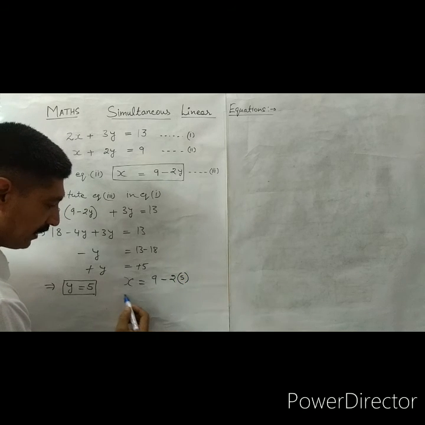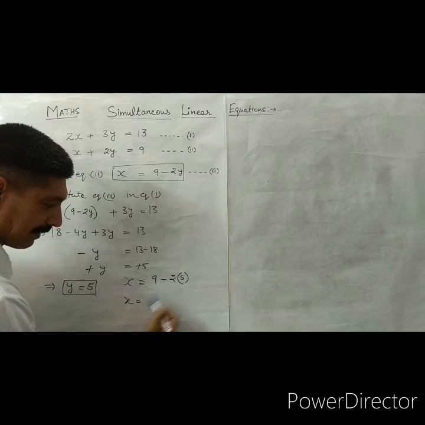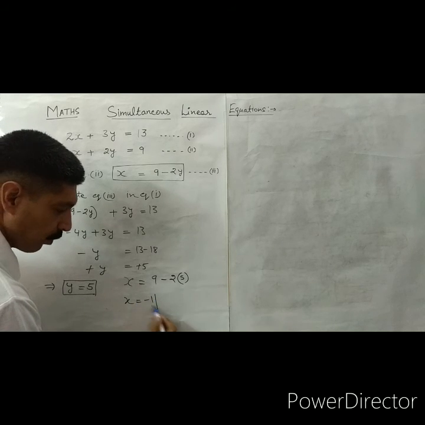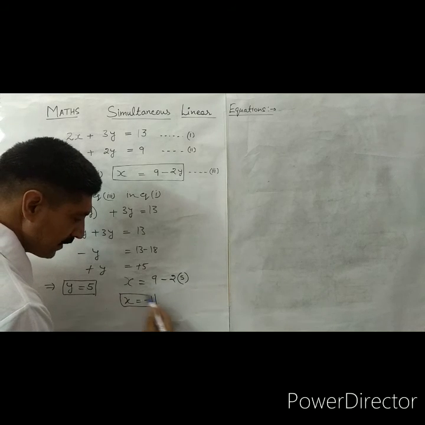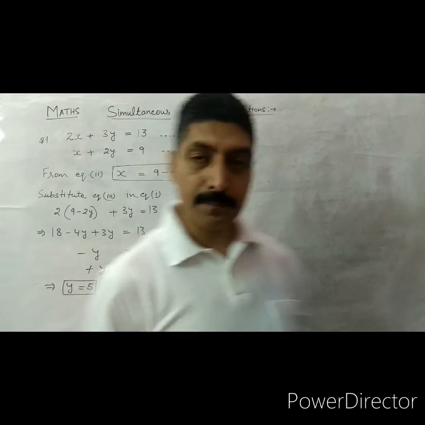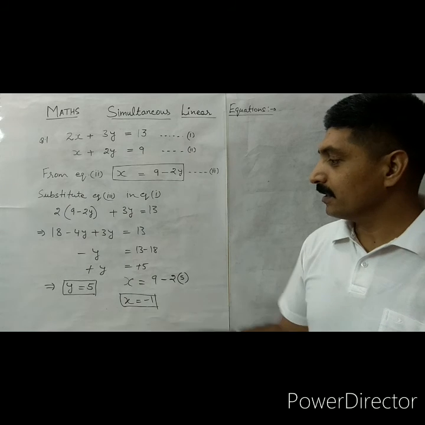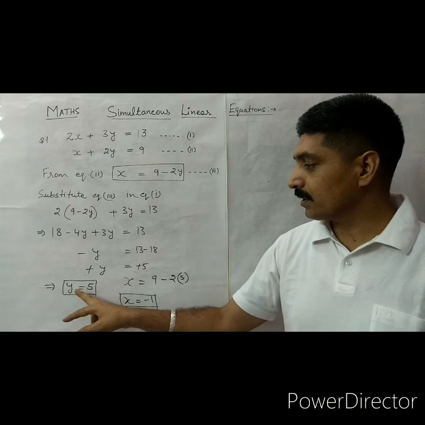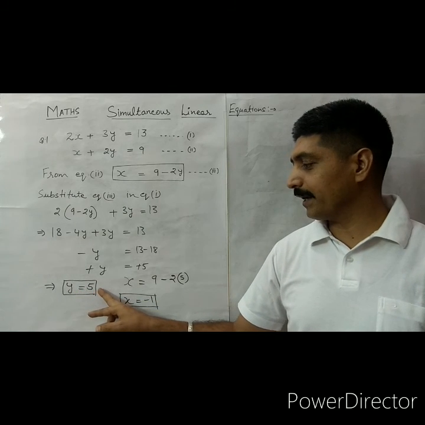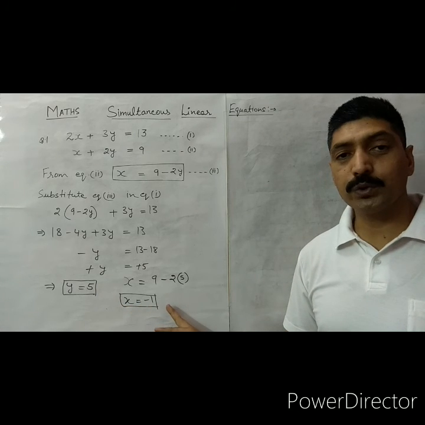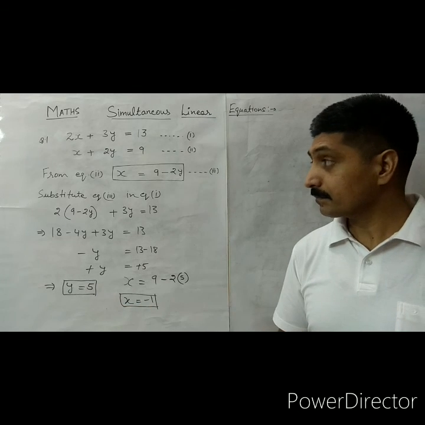So the value of x is equal to 9 minus 10, which is minus 1. So we have solved the equations by the substitution method, and we came to know that y is equal to 5 and x is equal to minus 1.